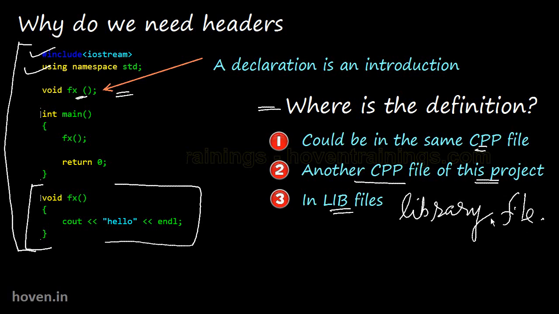Library files are compiled, pre-compiled files, and this is usually a very common case. For example, the function printf is in an external lib file. The printf we very commonly use, the code for this is in an external file.